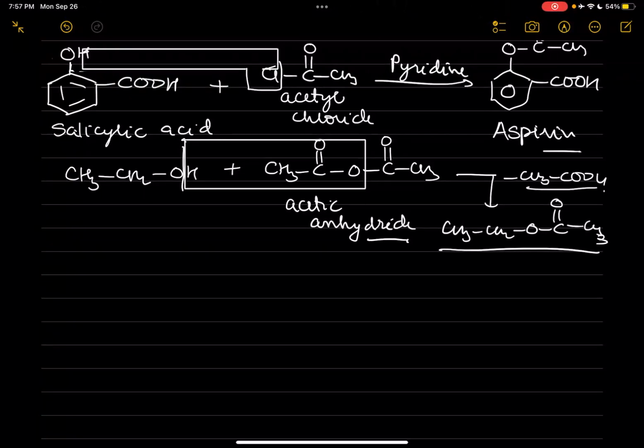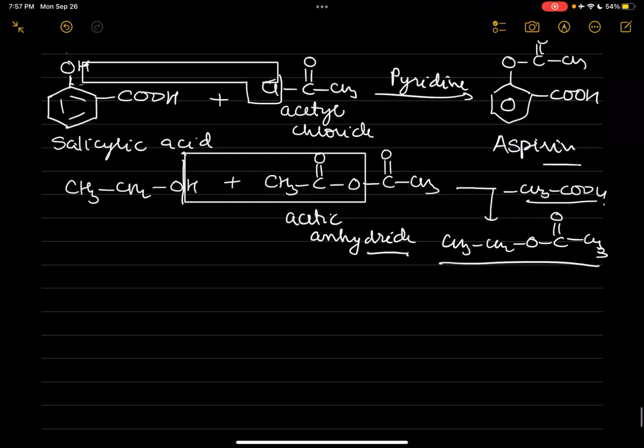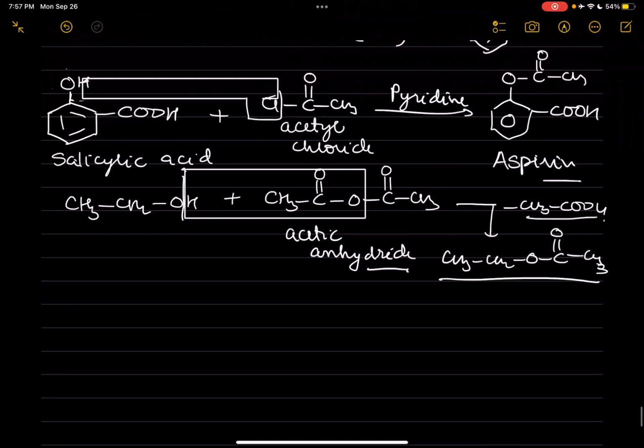Okay, soaps are actually prepared from oils. Okay, vegetable oil, palm oil, and all. Right? You must be knowing. Or coconut oil. Coconut oils have esters. Okay, and you break those esters and you get the sodium salt of carboxylic acids. That is soap. So soaps are formed by breaking esters.